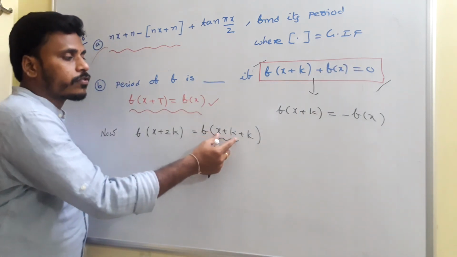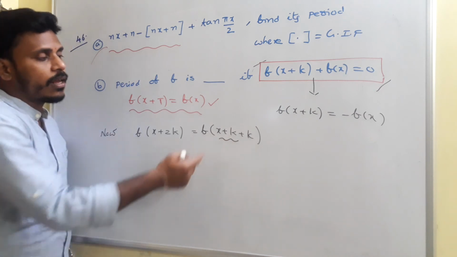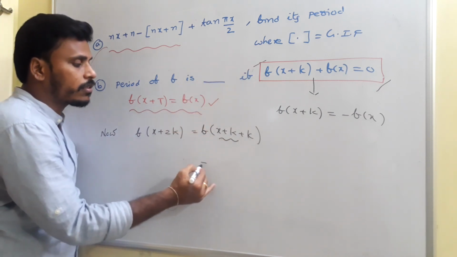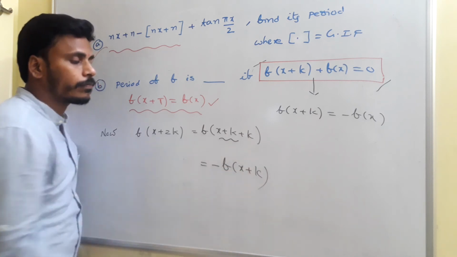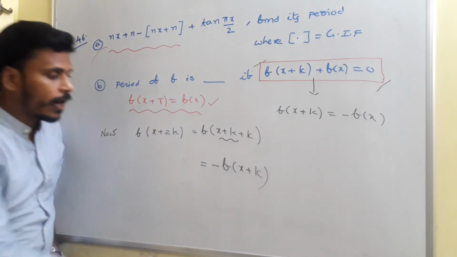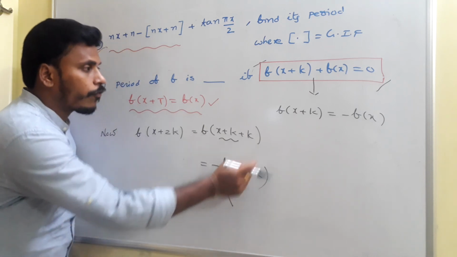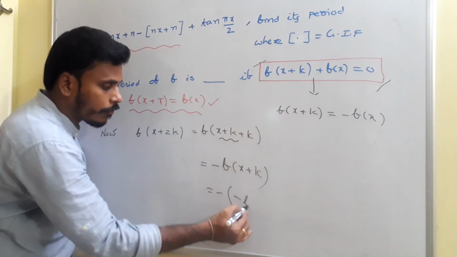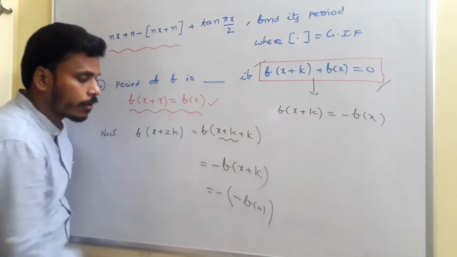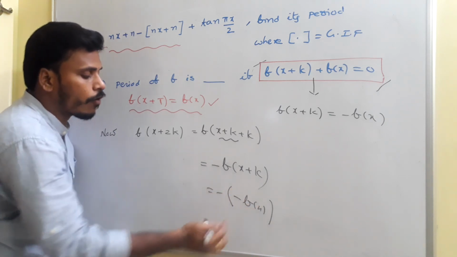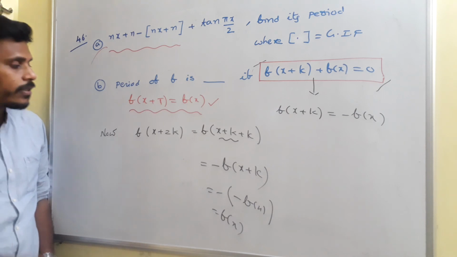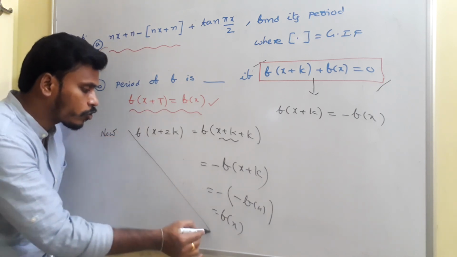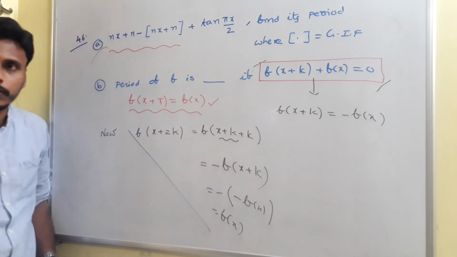Like that, f of some x plus k is there. When you compare it with the given one, this is equal to minus f of x plus k, and this is simply minus minus f of x. Minus of minus f of x is equal to f of x. At the end, f of x plus 2k is equal to f of x.